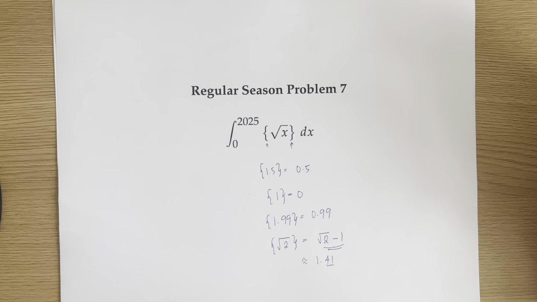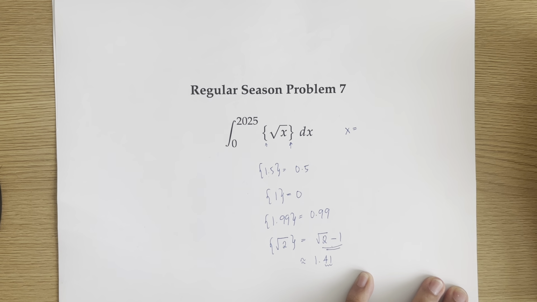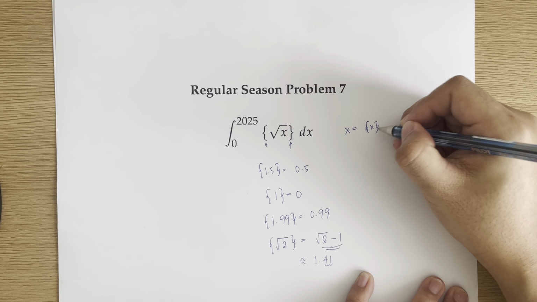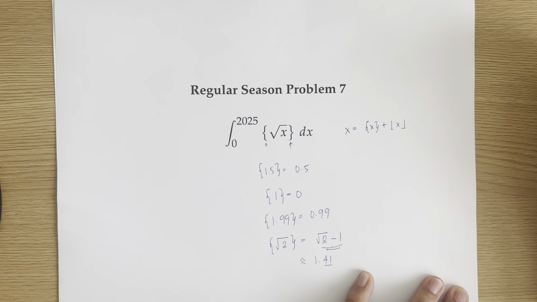Yes? You get it? Now in general, if you want to write a number, let's say x, in terms of the fractional part, that's the fractional part of x plus what we call the floor function of x. I've discussed this in another video. I put a link here.